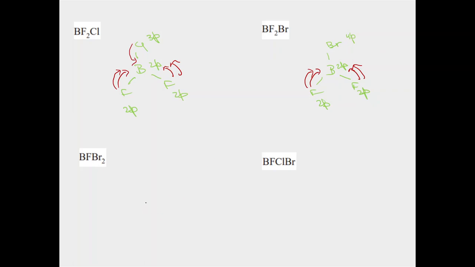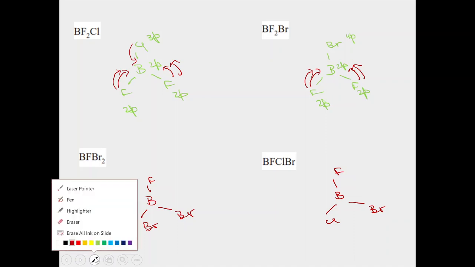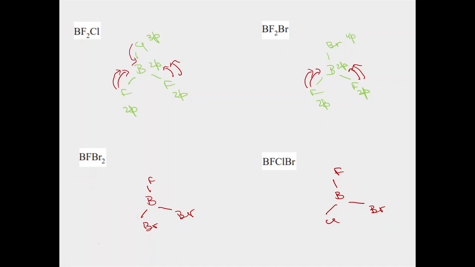Now coming to the case of BFBr2, and we have another, BFClBr. Here again, boron is 2p, fluorine 2p, and bromine 4p, 4p.